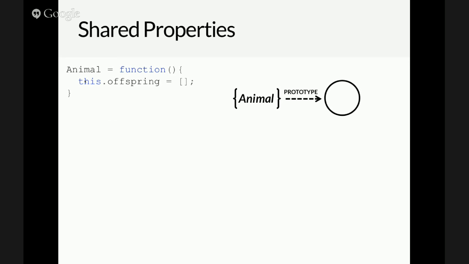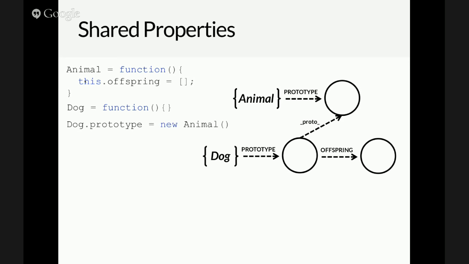Okay, so we're going back to the dog example. Animal is a function with a prototype as an object in memory. Dog is the same. Dog is just a function. Functions have prototypes. It's pointed to an object in memory. And dog.prototype equals new animal. This is that weird syntax we saw earlier.